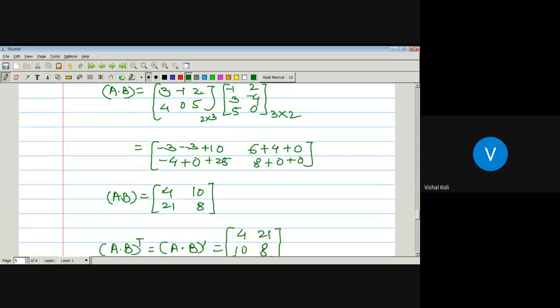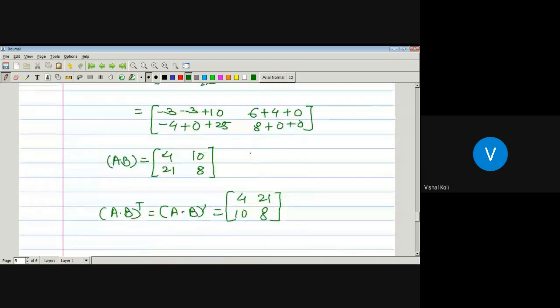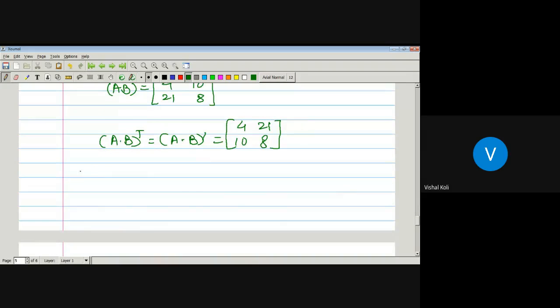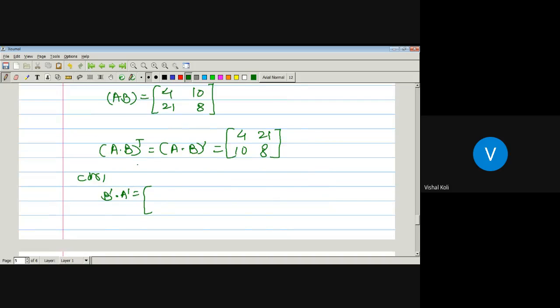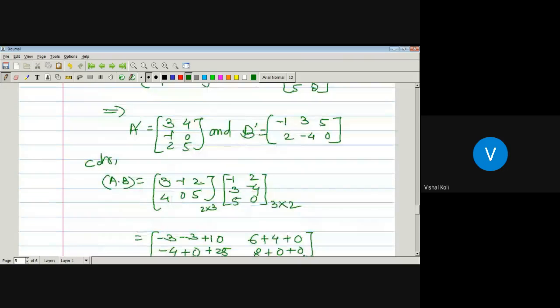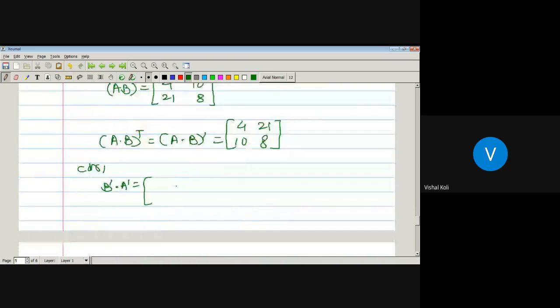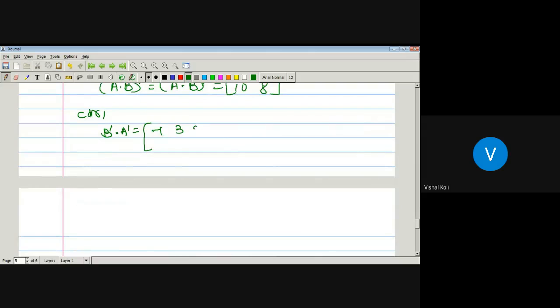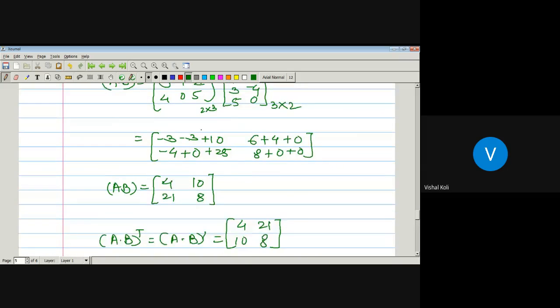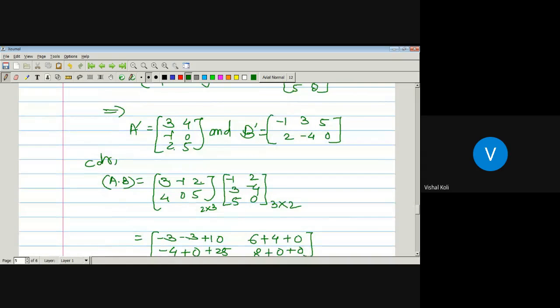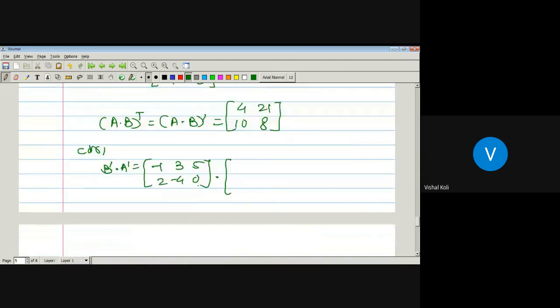Now we have to find B transpose into A transpose. So again consider B transpose into A transpose. B transpose is a matrix of order 2 by 3: -1, 3, 5, 2, -4, 0, into matrix A transpose: 3, -1, 2, 4, 0, 5.